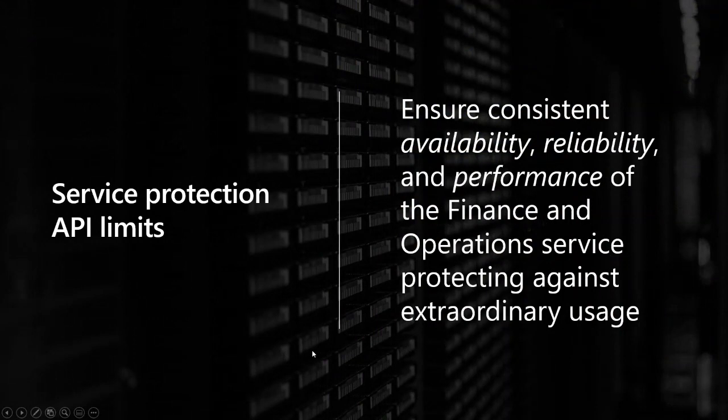Our service protection API limits, what are they for? We're implementing these service protection limits to ensure consistent availability, reliability, and performance of the Finance and Operations service. The intent is to protect against extraordinary usage of APIs against the service that have the potential to have a negative impact against the performance of the service, or even temporarily bring the service down.